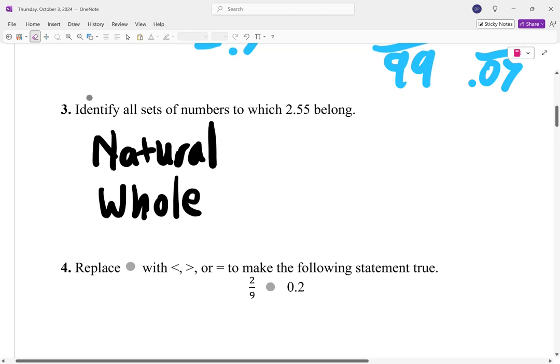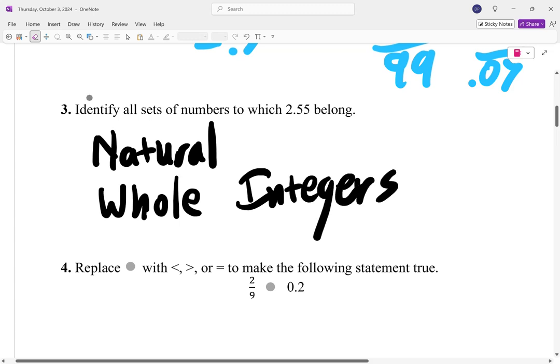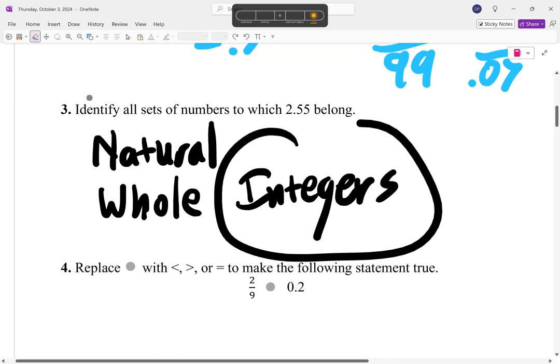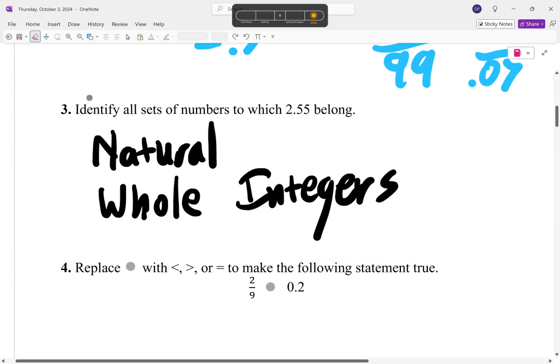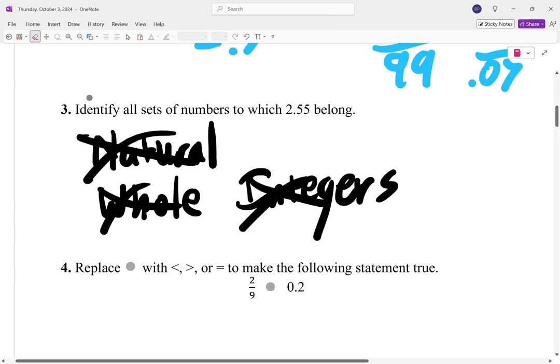What about integers? No, because integers don't have to be negative, but again, same as natural or whole, they have to be without a fraction or a decimal between. So we eliminated that one, and that one.